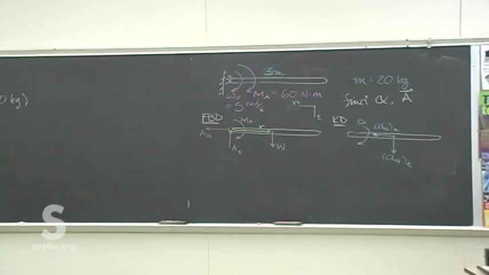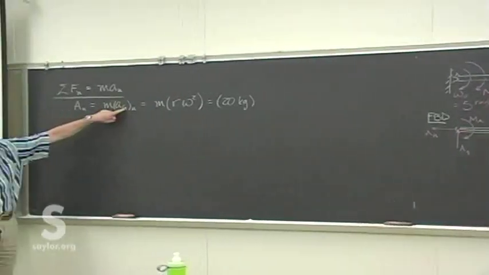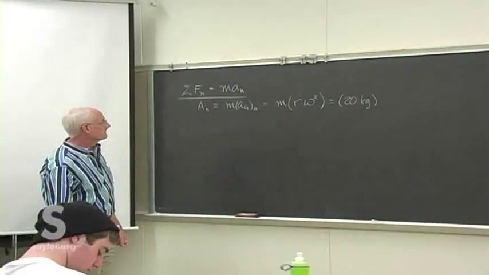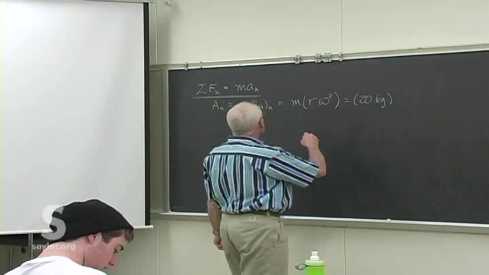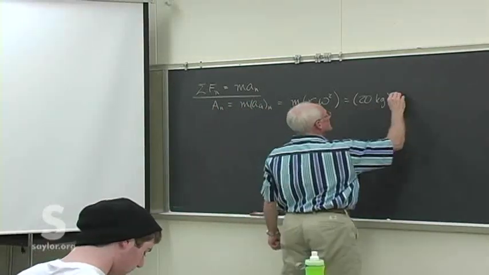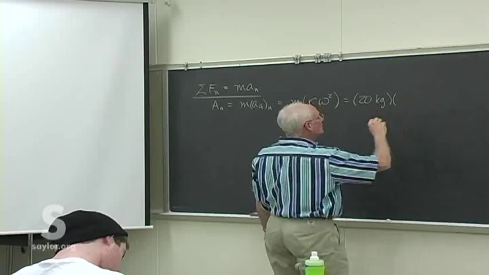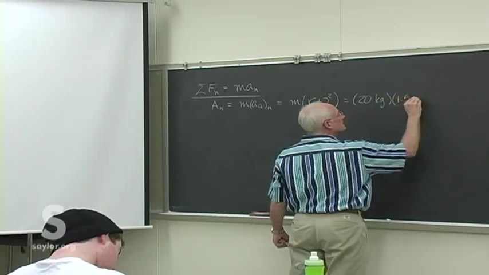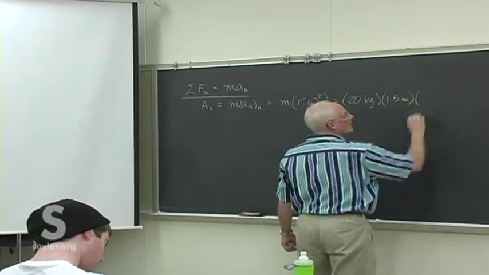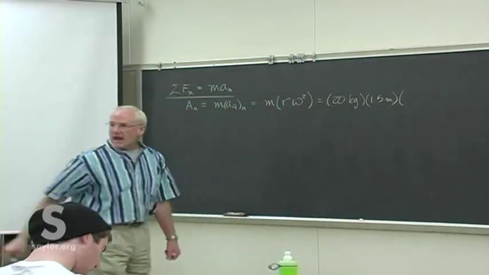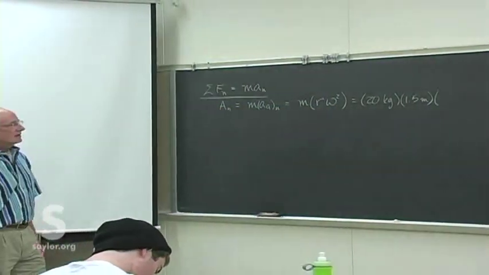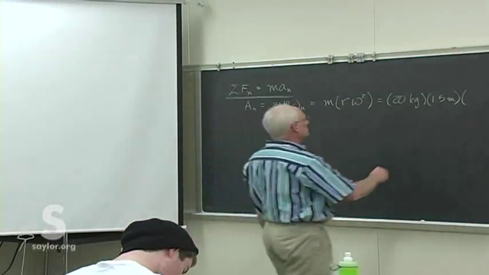Because it's the center of gravity that we're talking about right here as the acceleration. So that's how we have to peg it. So that R will be 1.5 meters, and omega at that instant, remember, it has an angular velocity of 5 radians per second.